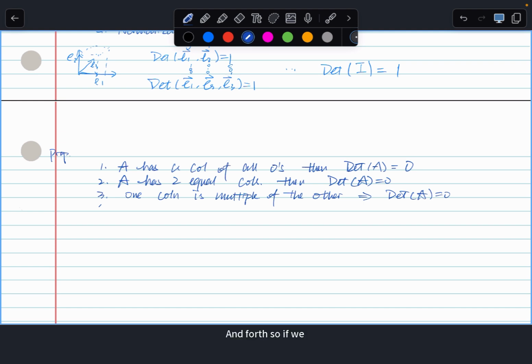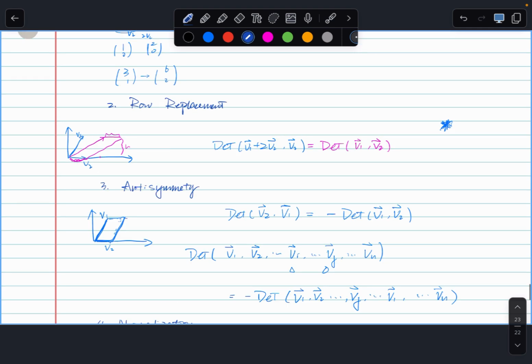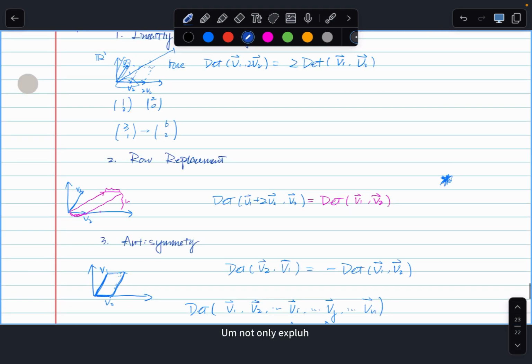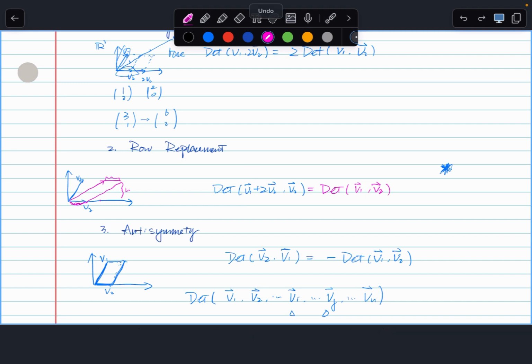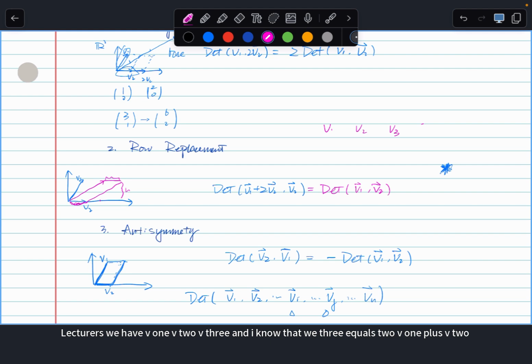And for the fourth, we not only change this row to v1 plus or subtract 2v2, but also consider 3 vectors, v1, v2, v3, where v3 equals 2v1 plus v2.